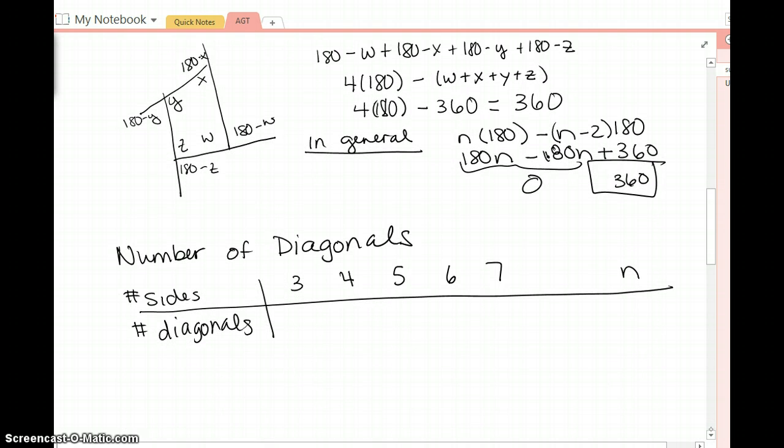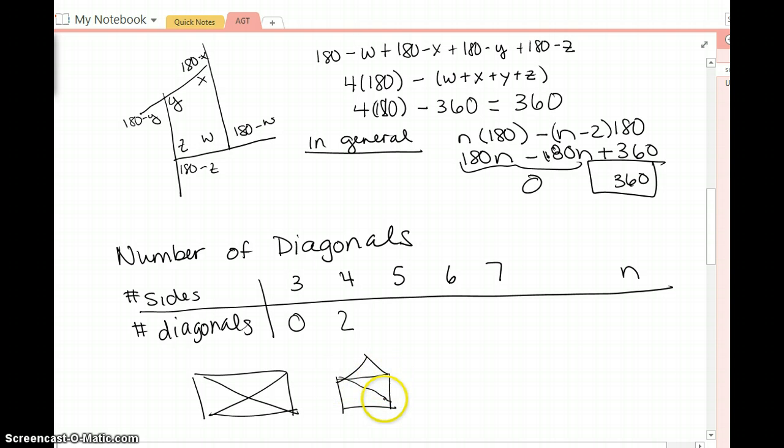Finally, looking at the diagonals. Triangles don't have any diagonals. Quadrilaterals, when you draw those, there are 2. When you draw a pentagon, what ends up happening is that at each vertex, you can draw a certain number of diagonals.